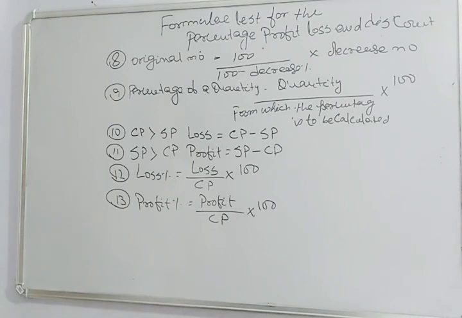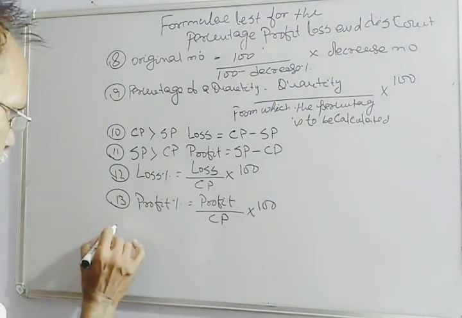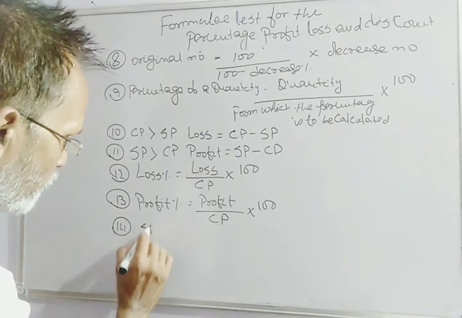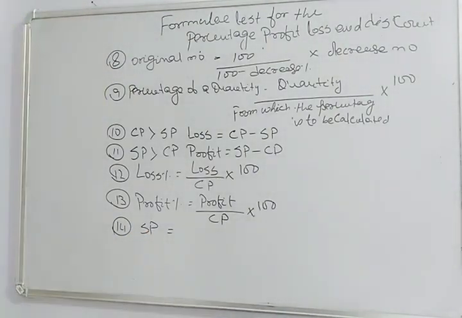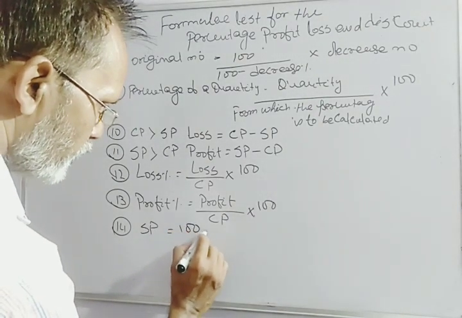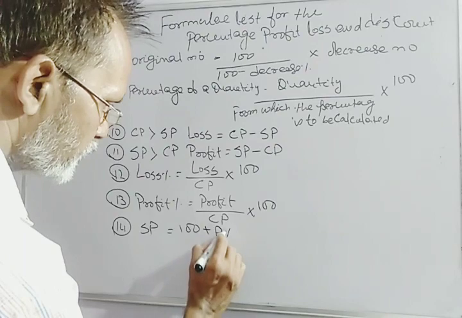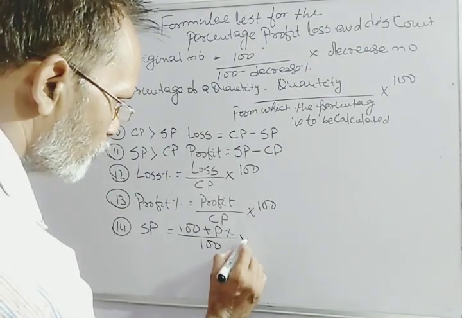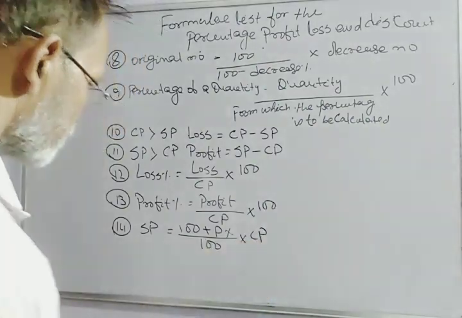Then number 14, to find out the selling price when profit percentage and cost price are given, that means 100 plus profit percentage by 100 into cost price.